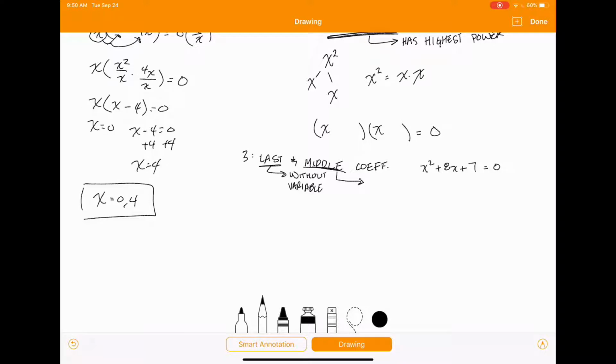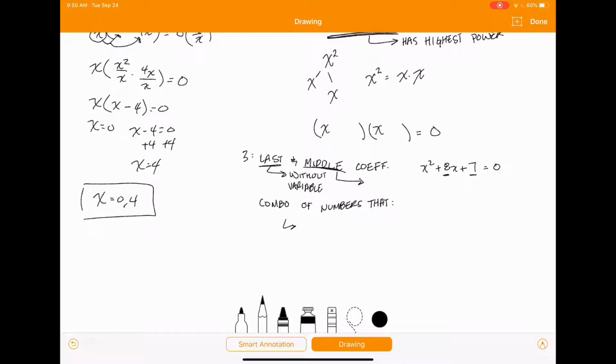Now when you focus in on these, you need to come up with combinations of numbers that satisfy two conditions.